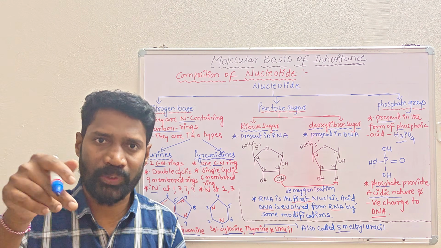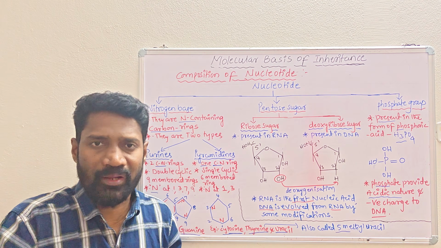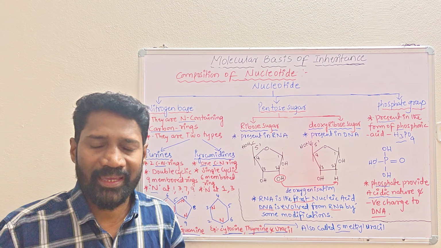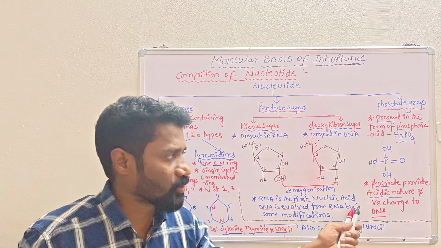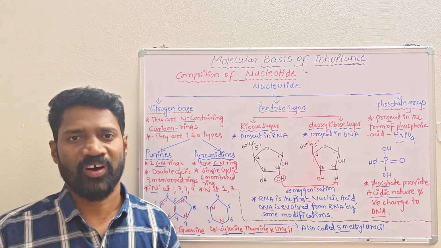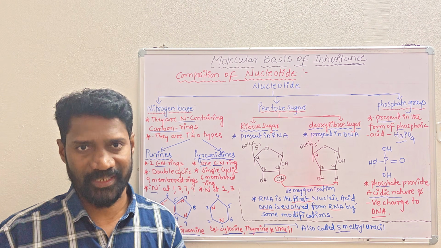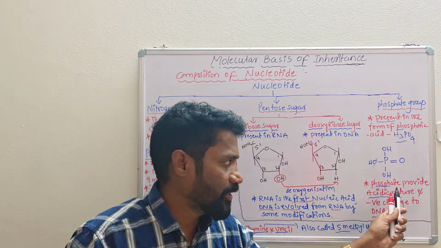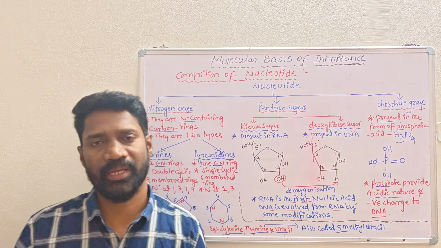We are saying deoxyribonucleic acid, nucleic acid. Why are we calling it acid? When it is acidic in nature, we call it acid. But what is the reason behind it being acidic? Due to the presence of phosphate in the form of phosphoric acid, DNA becomes an acid. The phosphate provides acidic nature as well as negative charge to DNA.